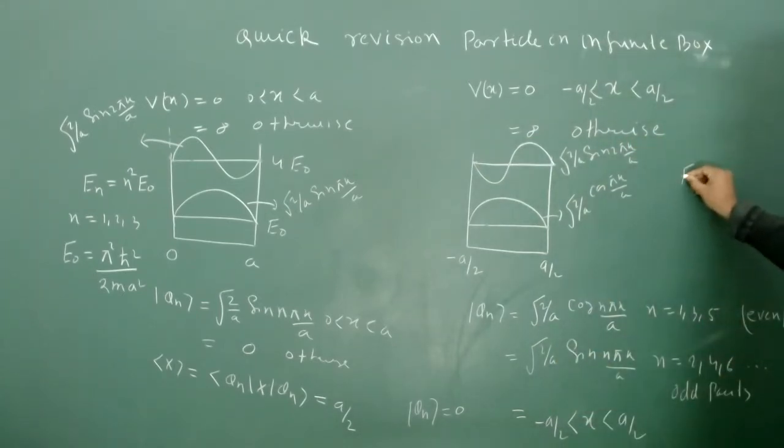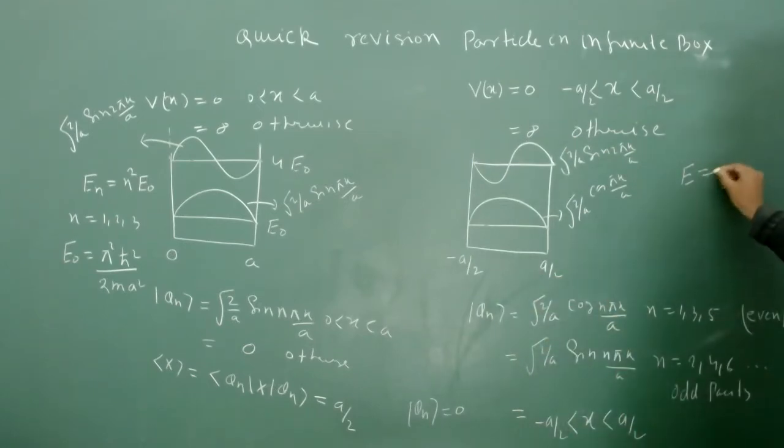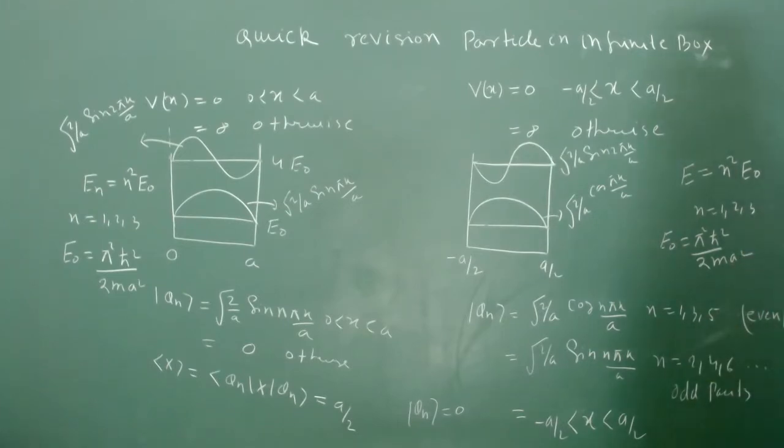The energy eigenvalue will be the same as the previous one because the width is the same. So the energy eigenvalue is n square E naught, where n is again 1, 2, 3 and so on, and the value of E naught is again pi square h cut square upon 2m a square.